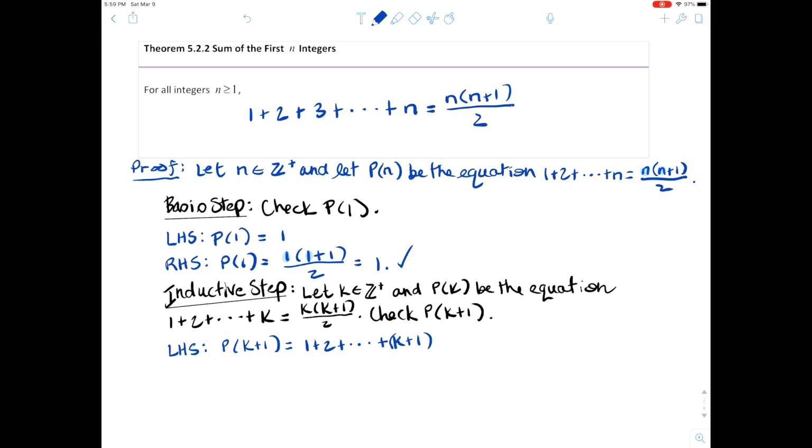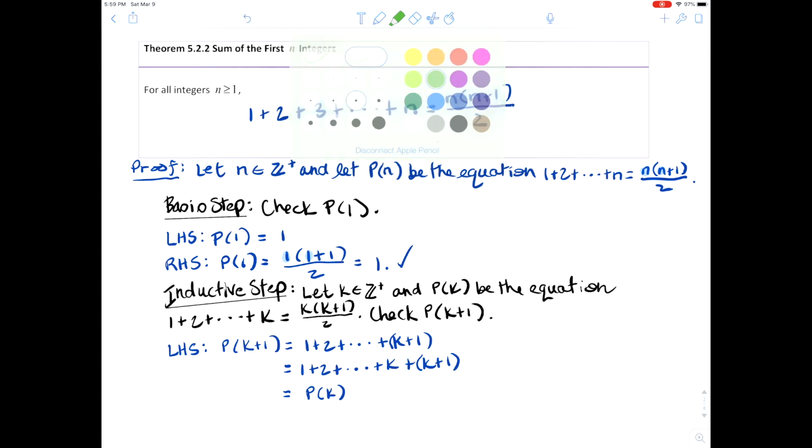Okay, but couldn't we also write this as 1 plus 2 plus dot dot dot plus K plus 1? Because K plus 1 is just the integer right after K. Cool? All right then, well, isn't this here 1 plus 2 plus dot dot dot equal to P of K?